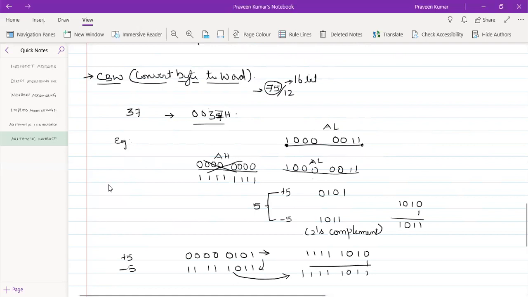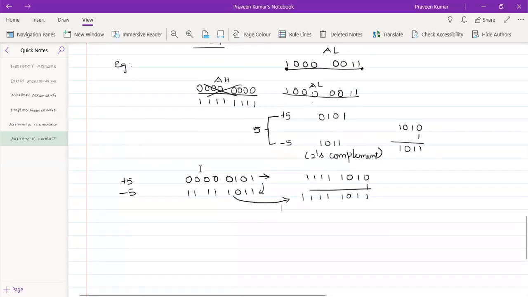So while converting, that is byte to word, we have to look whether the most significant bit value is 0 or the most significant bit value is 1. If the most significant bit value is equal to 1, then I have to have infinite leading ones.